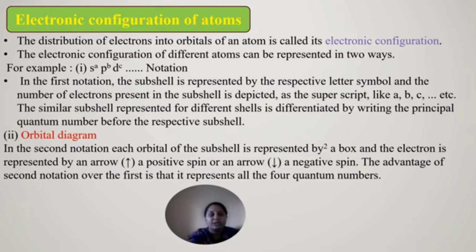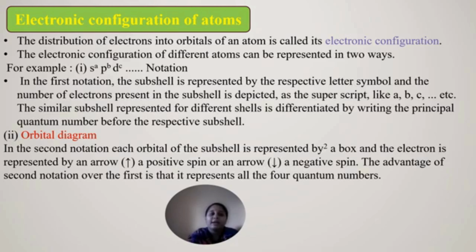Electronic configuration. The distribution of electrons into the orbitals of an atom is called electronic configuration. The electronic configuration is represented in two ways. For example, the s^a, p^b, d^c notation, like s1, p1, d1. The subshell is represented by the letter symbol, and the number of electrons is represented by the superscript a, b, c, d.